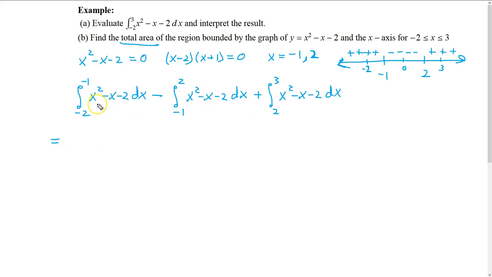And then of course, evaluating each one of these, now remember the antiderivative of x squared minus x minus 2, and for our first term here we have to evaluate that from -2 to -1, and then we have the other two terms.